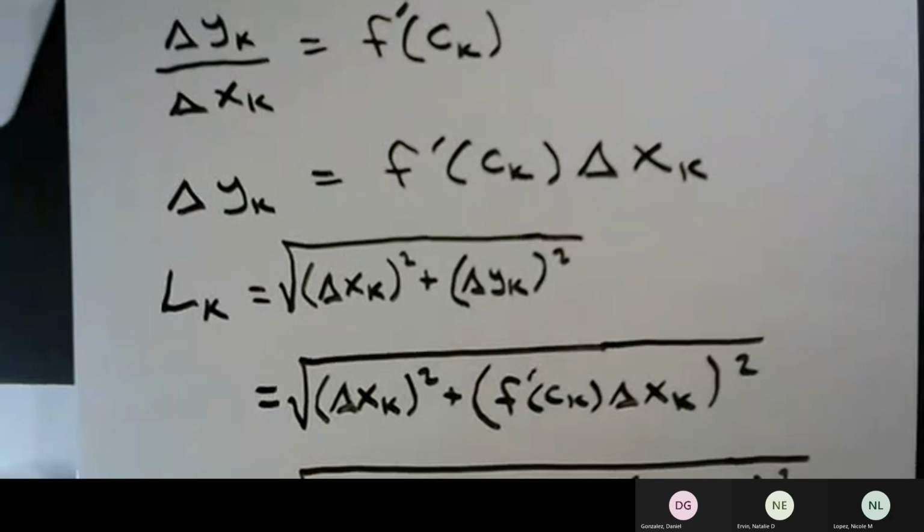Then as these intervals, xk minus 1, xk, containing ck get smaller, what's going to happen is this.